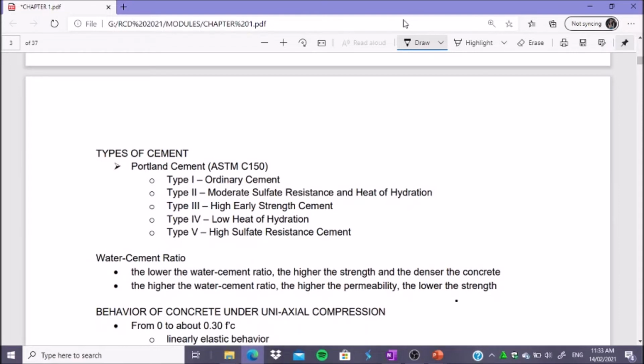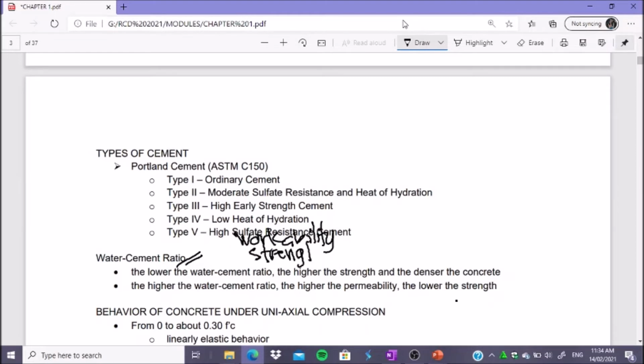For example, we have the water cement ratio. The water cement ratio determines the strength. In concrete, you also need to consider its workability, then the strength.